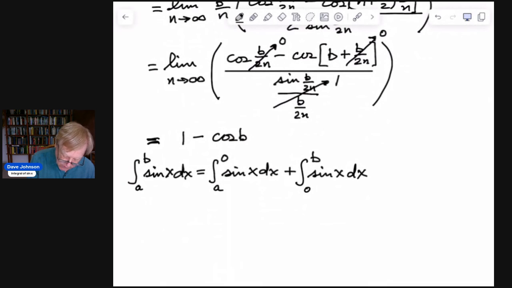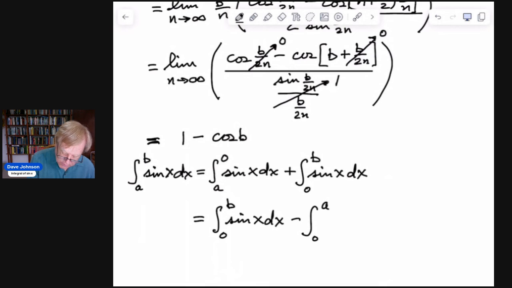But I can rewrite this if I swap the limits here, make it 0 to a instead of a to 0, put a negative sign, and let's go ahead and write this term after this term. So rewrite it as the integral from 0 to b of sine x dx minus the integral from 0 to a of sine x dx.